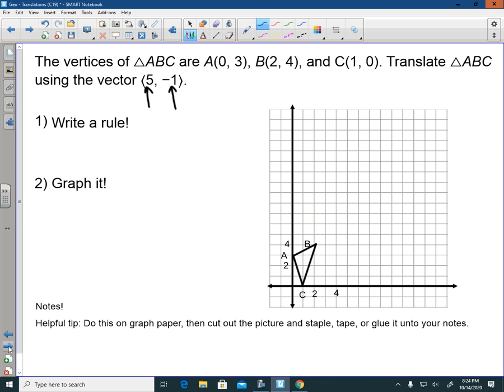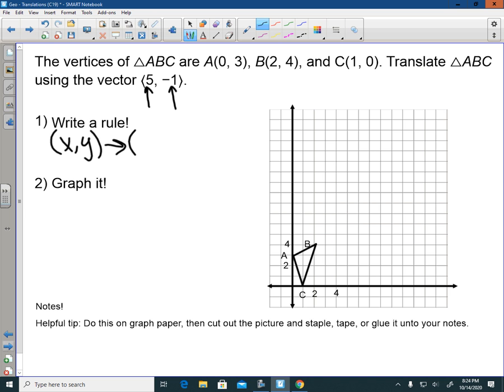We could write a rule. We could rewrite this vector in the form of a rule, and it would look like this. It's going to start with x, y, and an arrow. All rules are going to start with that right there, x, y, and an arrow.